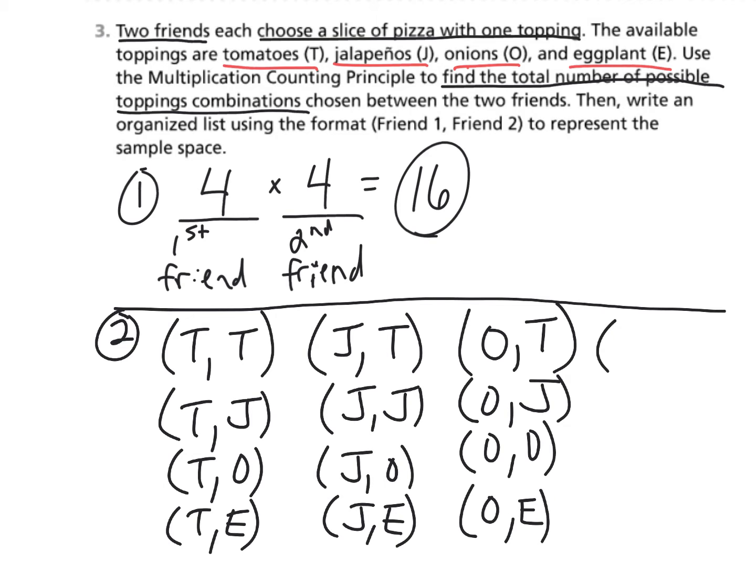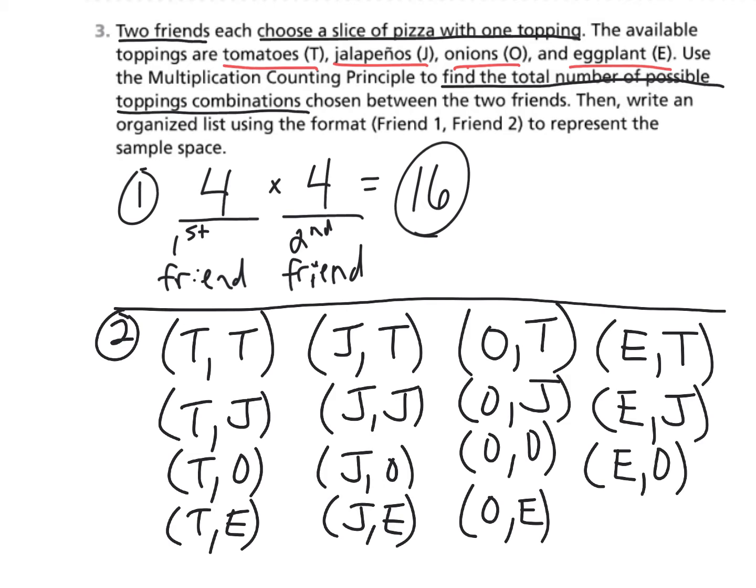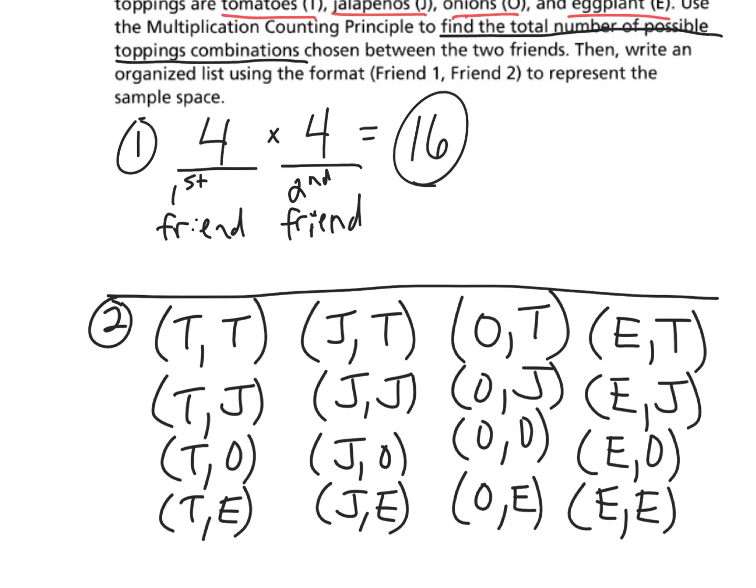And then last, we could have eggplant, tomatoes, eggplant, jalapenos, eggplant, onions, eggplant. So there's a list, 16 different options.